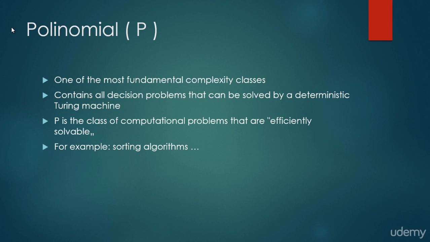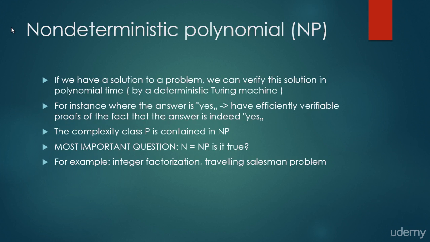So we can solve sorting with the help of sorting algorithms in linear or logarithmic time complexity, or even, for example, with bubble sort, we can solve it in n squared time complexity, which is not so efficient. We can do better, but it's definitely polynomial. So, for example, all sorting algorithms, finding the shortest path, and finding the spanning trees are in this polynomial class.